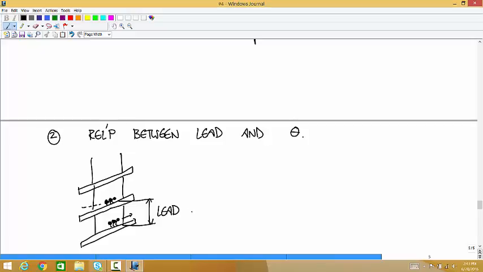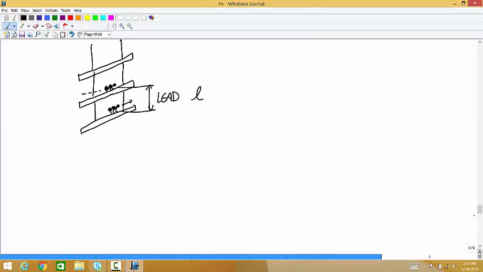So if we call that lead lowercase l, you can imagine this thread being straightened out. If you straightened out one entire rotation around the screw of this thread, you would have a horizontal distance that's equal to 2 pi r.